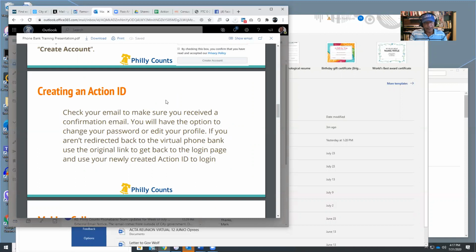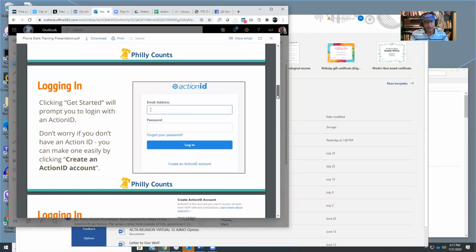So it will take you back to the login page. If the blue link doesn't immediately take you to start making calls, you can go back to the first email that we sent you with the login, and just put in the email address and the password and log in, because now you have an action ID.